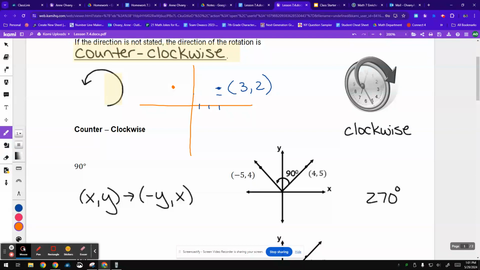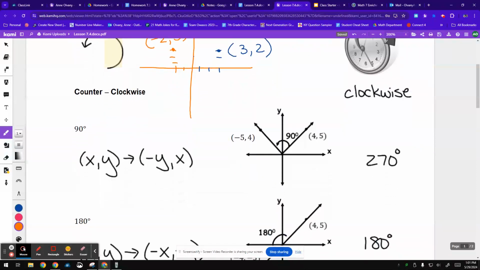Yeah. It's going to be -2, 3. If you take it and you just turn it this way, it's going to end up in the second quadrant, back 2, up 3.